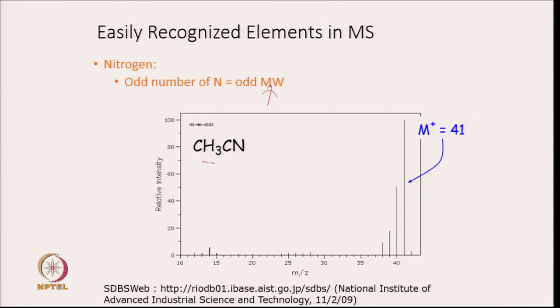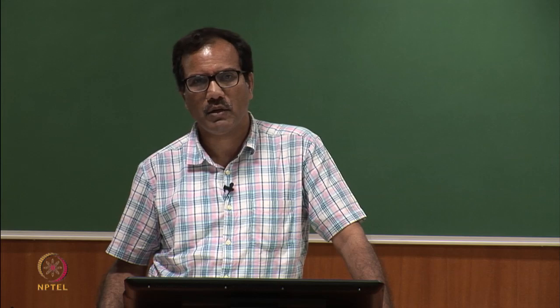In this case you can see there is only one nitrogen, and the molecular ion peak is equal to 41, which is an odd number. So, an odd molecular ion peak will show you that the molecule may have an odd number of nitrogens.